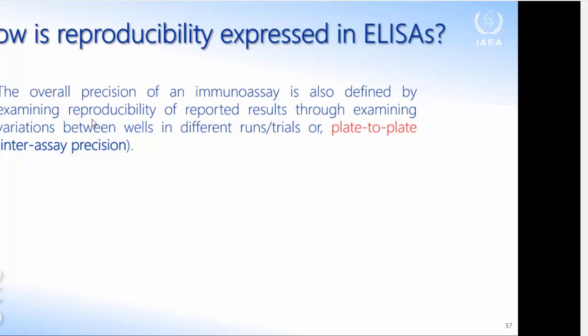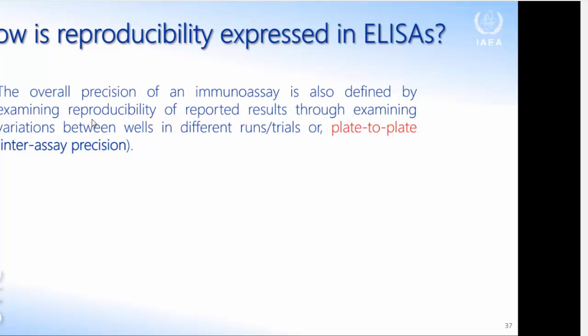The overall precision of an immunoassay is also defined by examining reproducibility of reported results through examining variation between wells in different runs or trials, in other words, plate-to-plate variation.